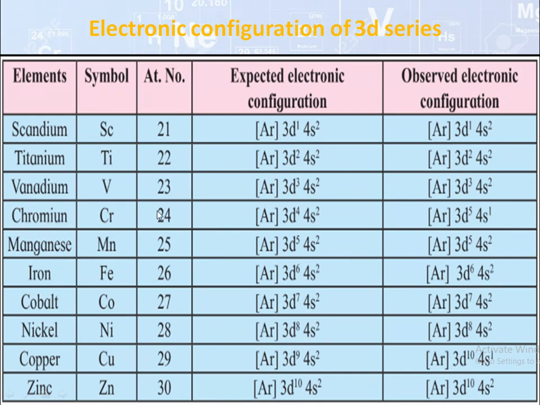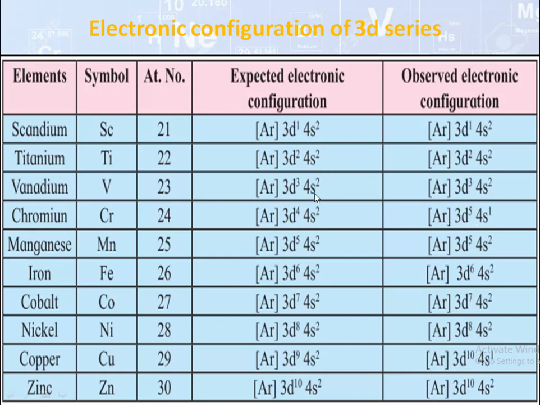And for chromium, the expected electronic configuration is 3d4 4s2, but as it needs only one electron to be half filled, and we know that half and completely filled orbitals are more stable, and as the difference between 3d and 4s is very small, one electron from s will transfer to d for more stability.